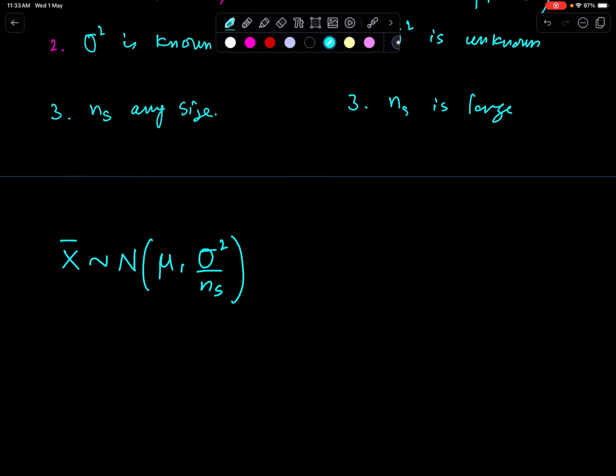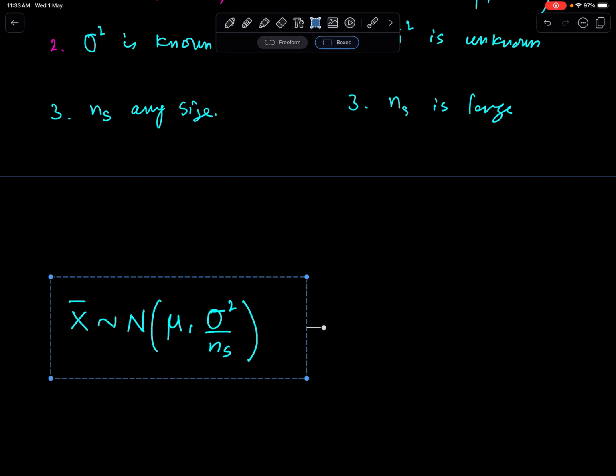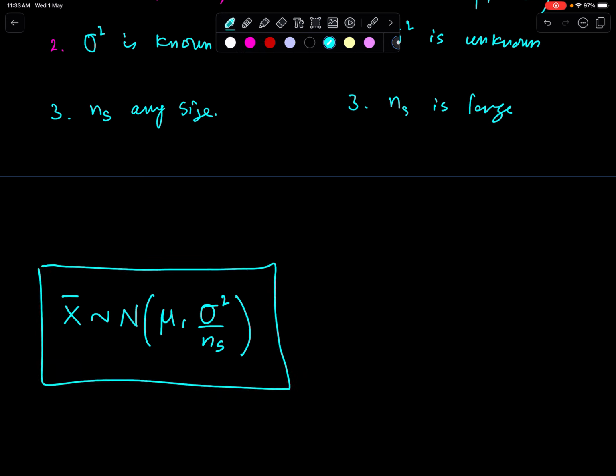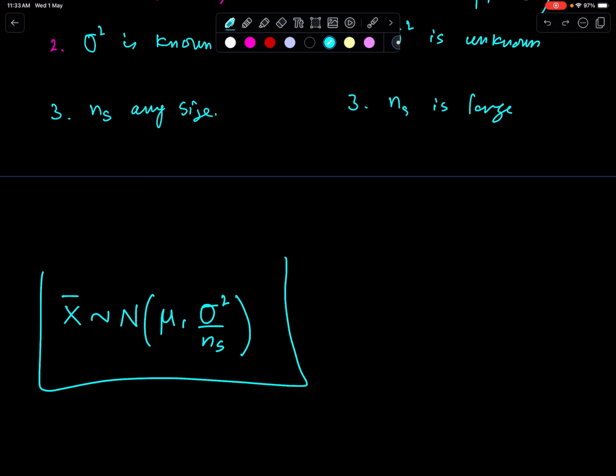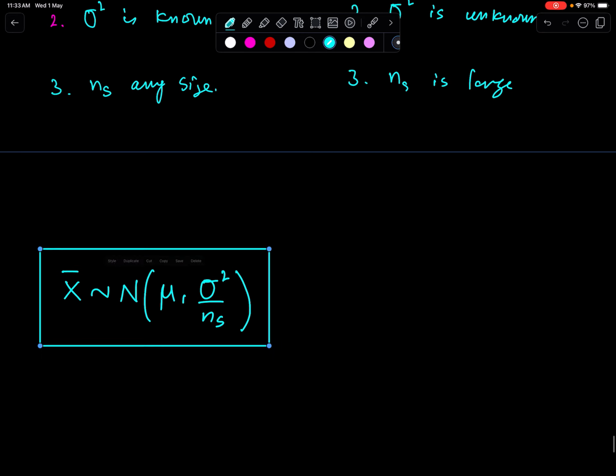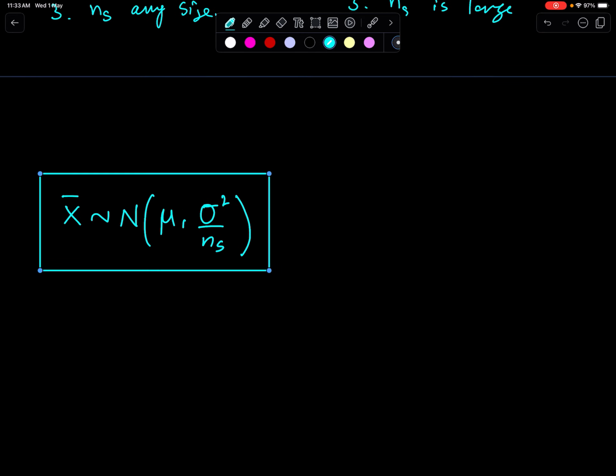So this is the distribution of X bar of case A. This is the most important thing in sampling. You must know how to write the distribution of X bar according to the given case, because with the help of this X bar, we can find confidence interval and we can also use this concept in testing of hypothesis.